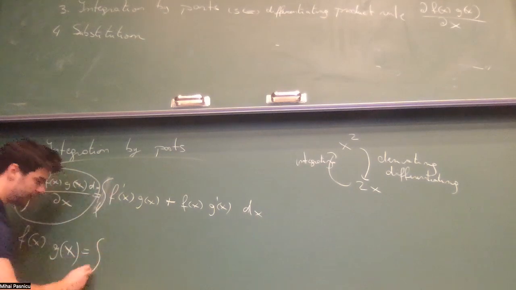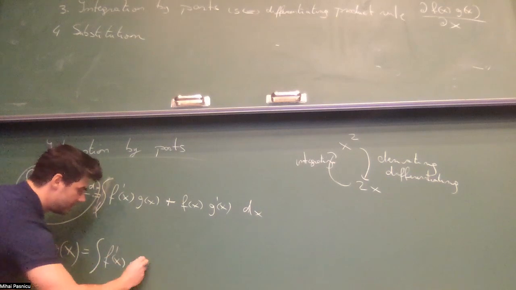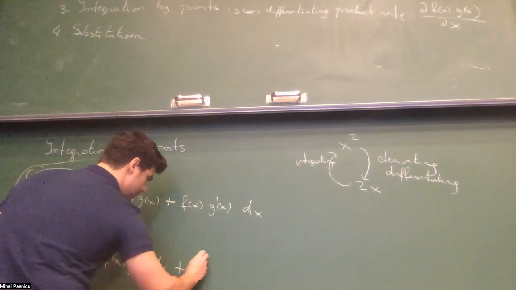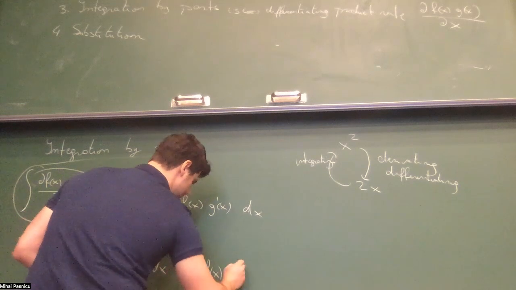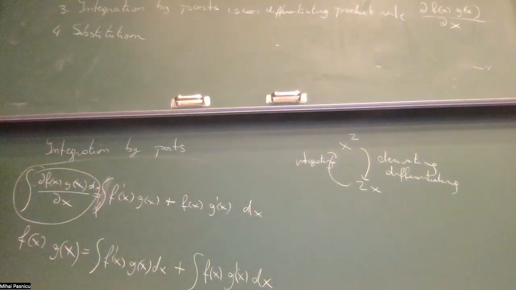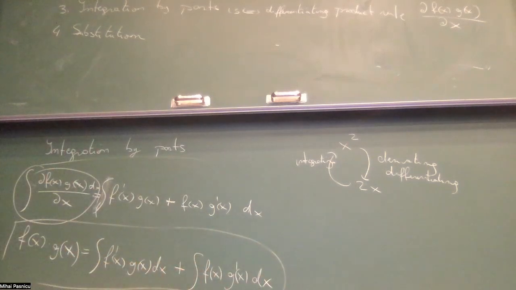So I get the integral of f prime of x, g of x, dx, plus the integral of f of x, g prime of x, dx. And this is what is called the by parts method. And I'm going to show you all about it next week.